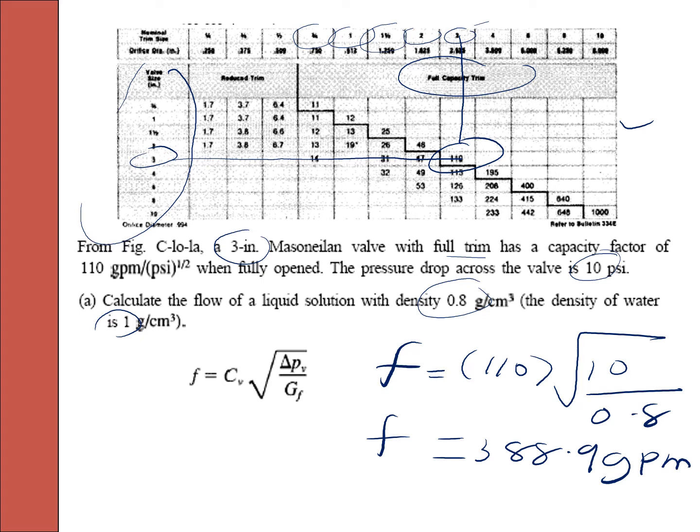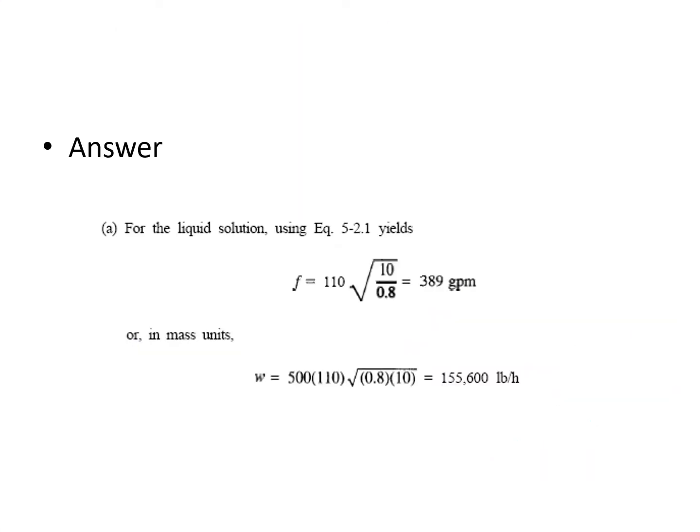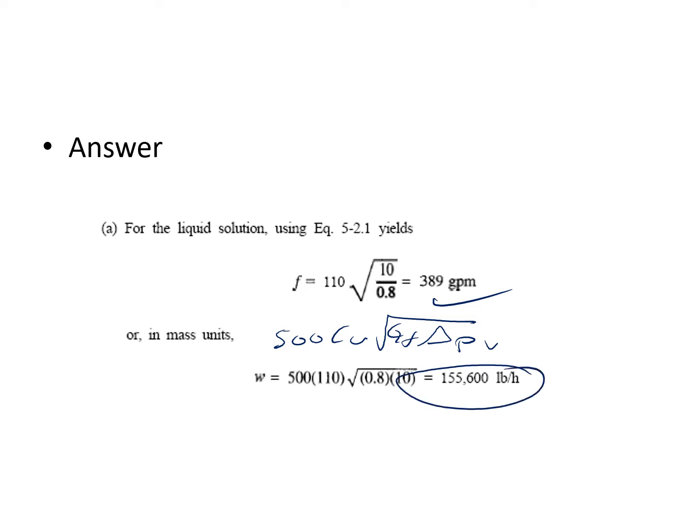If you want to convert the flow of the liquid solution into the mass flow rate, you may use the formula of 500 CV times square root of delta PV times GF. So you will get this value.